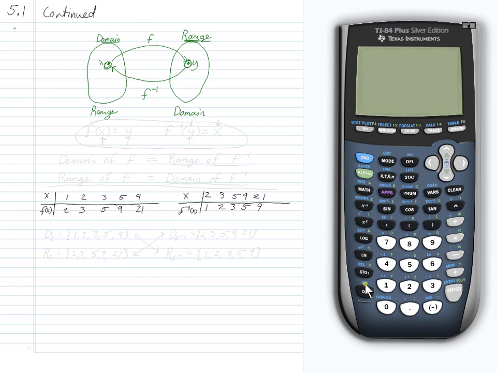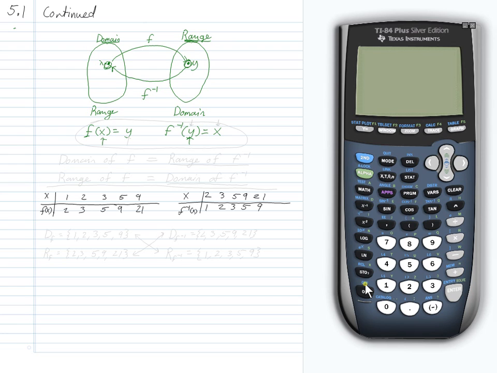Alright, symbolically, how does that look? Well, f takes x as its input and turns it into y. Then f inverse takes that number as its input and turns it back into x for us. And that's true for every x in the domain of the function that we start with, and it's true for every y in the range of the function that we start with.